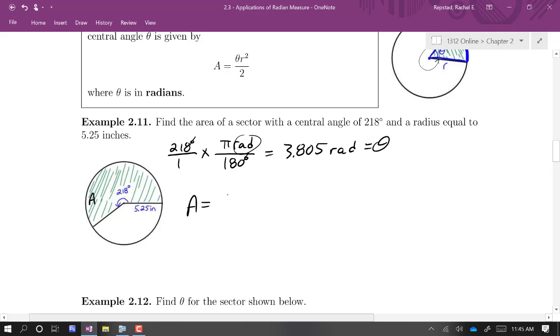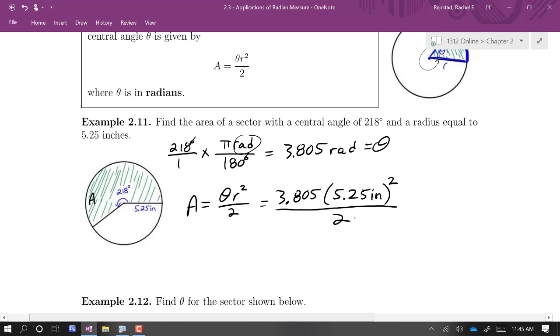The area is theta r squared over 2. So that is 3.805 times 5.25 inches squared, all over 2. Note that radians are dimensionless, so they won't contribute to the units at all, and I'm squaring the 5.25 inches.